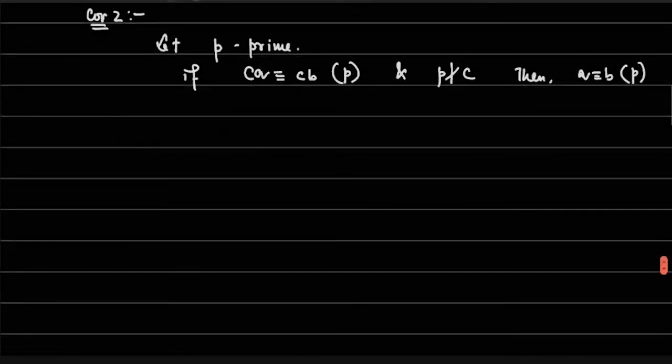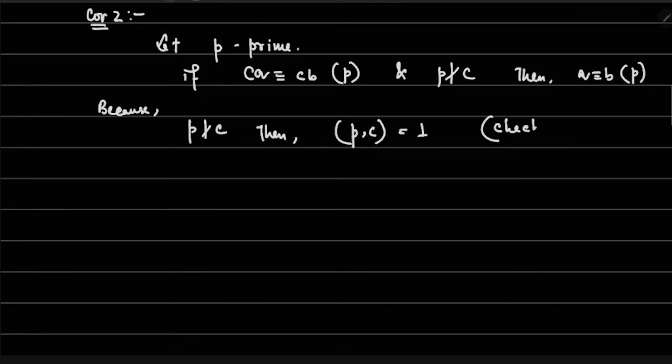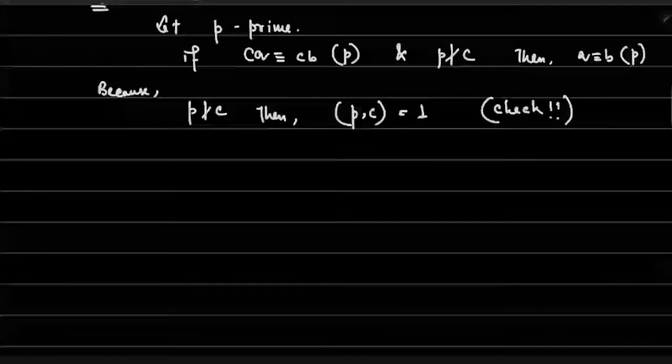Why? Because if p does not divide c, then the only possible case is that the GCD of p and c is 1, right? Think about it. Let's check it.